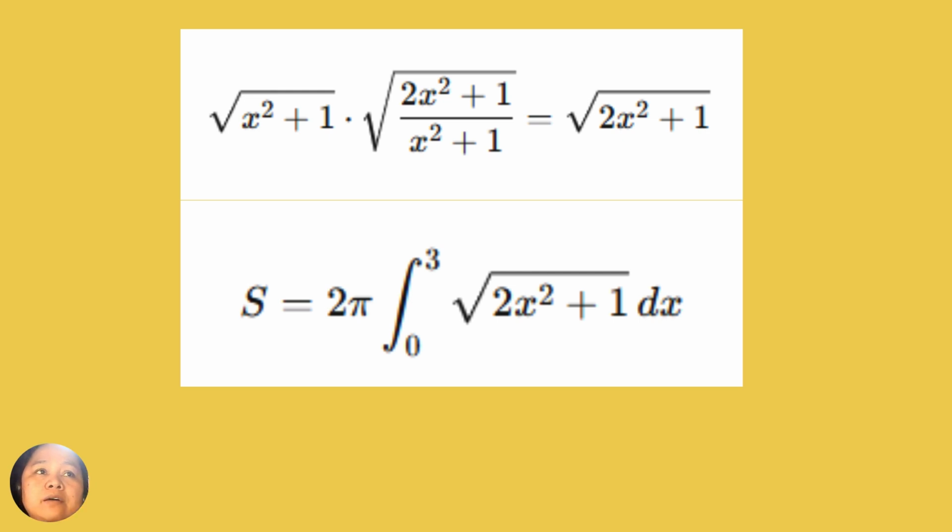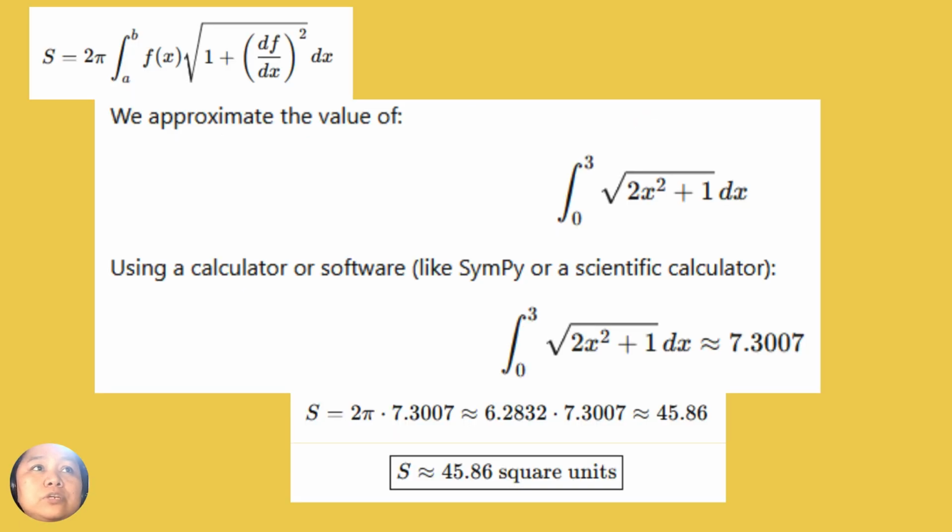Since we have the same terms, we can cancel the square root of x squared plus 1 with the denominator of the other expression. What remains is the square root of 2x squared plus 1. Now we plug it into our formula again: the area of the surface of revolution equals 2 pi integral of the square root of 2x squared plus 1 dx from 0 to 3.